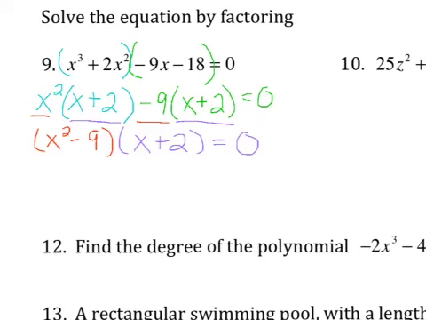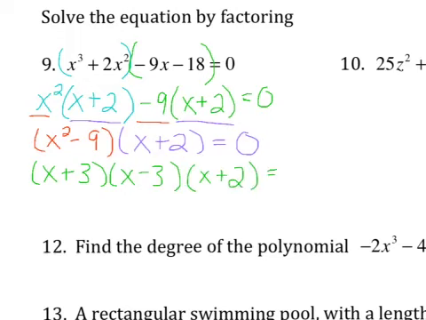And the answer is yes, because we have x squared minus 9, which is a difference of squares. And x squared minus 9 is going to factor into x plus 3, x minus 3, and we still have the x plus 2. So since this is asking us to solve, we need to take each factor and set it equal to 0 and then solve.